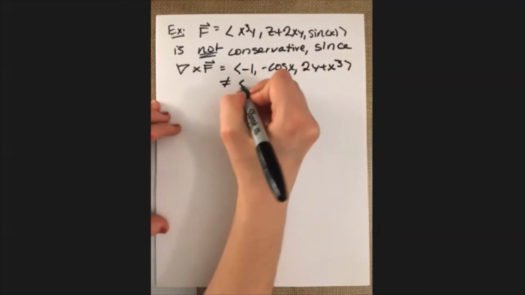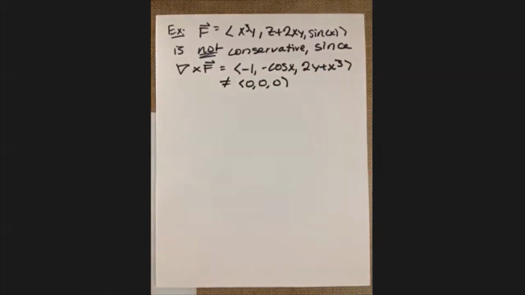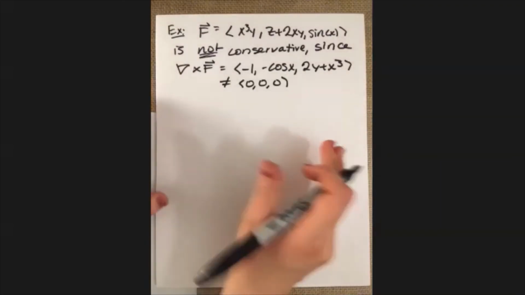And that is not equal to 0. That doesn't give us the 0 vector back. So this is not a conservative vector field.